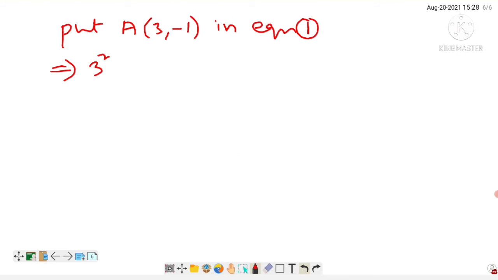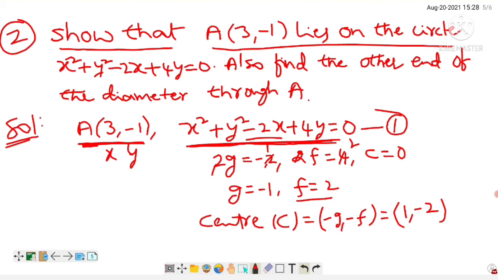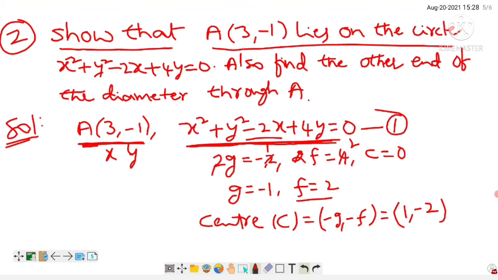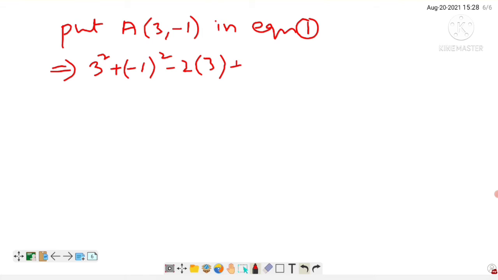So 3² plus (-1)² minus 2x, so minus 2 into 3, plus 4y, so 4 into -1. So 3² is 9, plus (-1)² is 1, minus 2 into 3 is minus 6, plus 4 into -1 is minus 4.